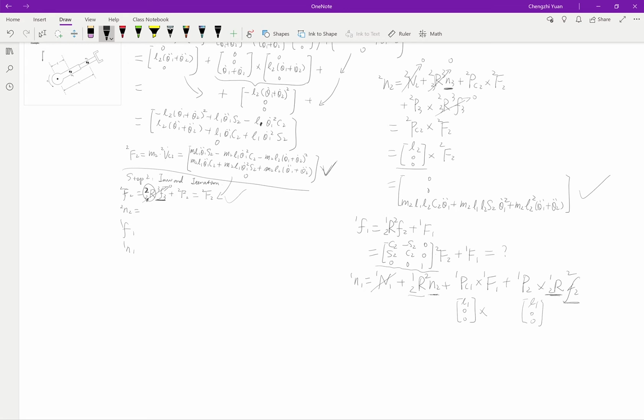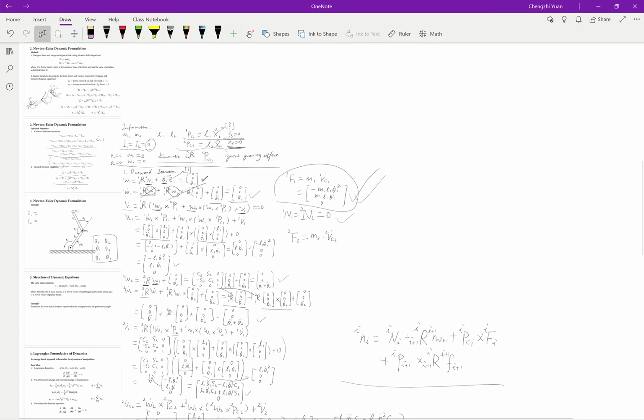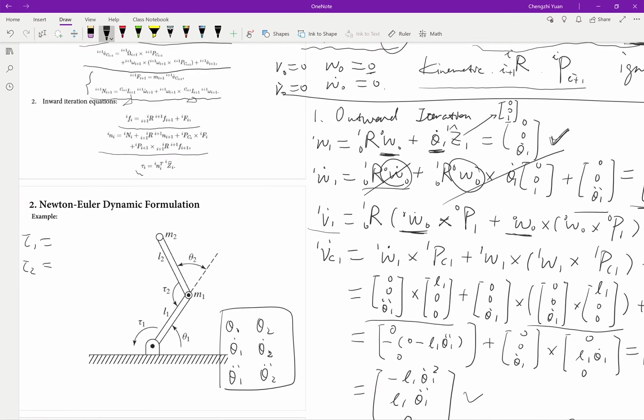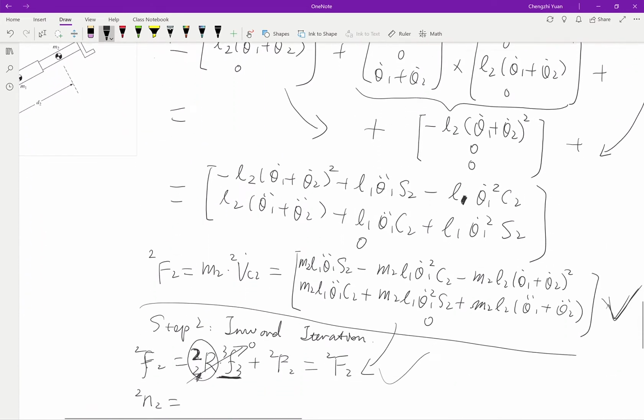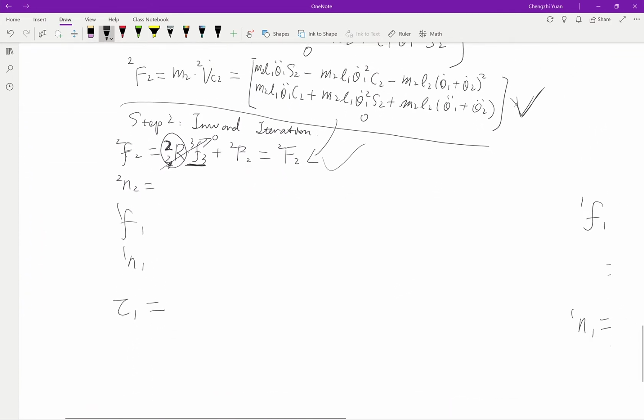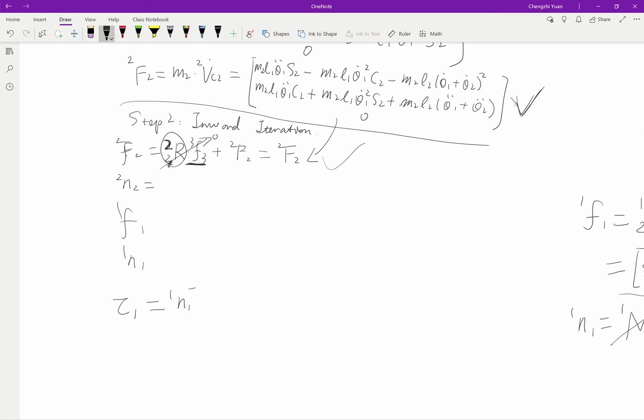The next step is to calculate the torque you need to generate from the first link. This requires us to apply the last equation here: tau equals the moment vector along the z-axis, so it is simply the last element of N_1^1, that is N_1^1 transpose times 0, 0, 1. Let me give you the final results here.